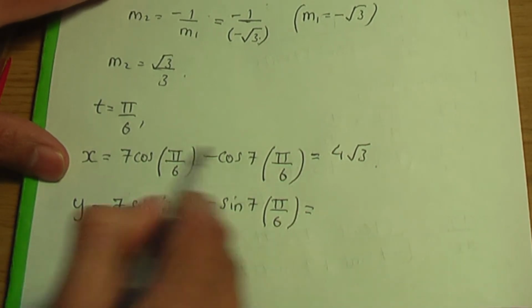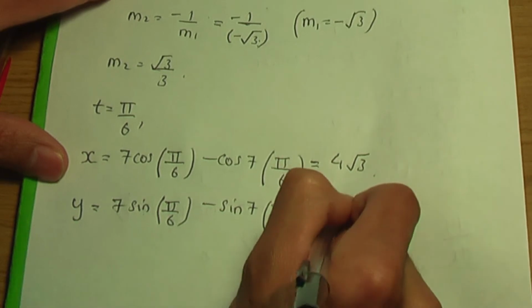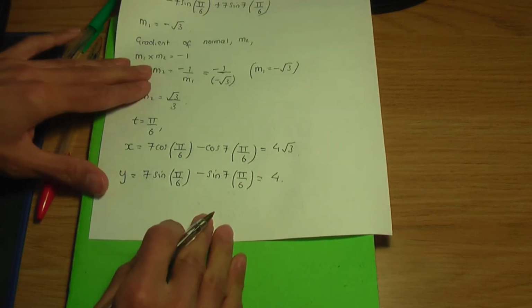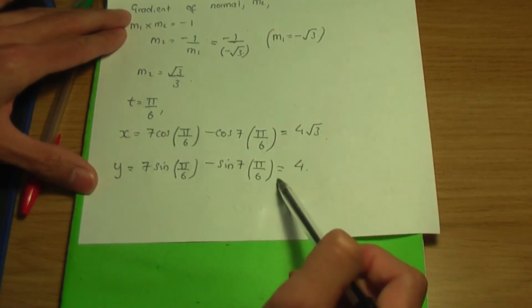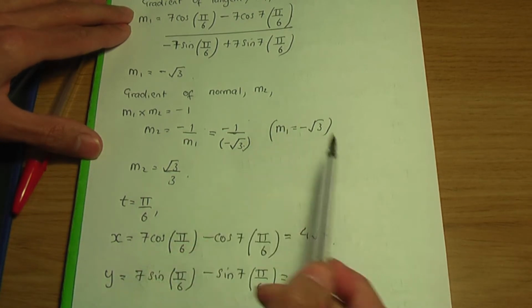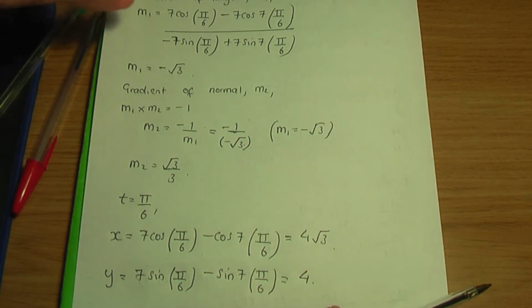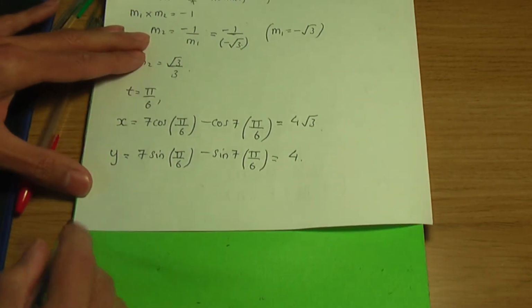And if we plug that into the calculator, in radian mode, you should get an answer of 4 for y. So we're nearly there. We have the x and y coordinates. We now have the gradient of the normal, root 3 over 3. So we have everything that we need to work out the equation of the normal.